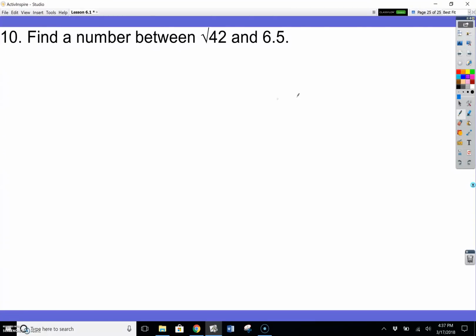Now it says find a number between the square root of 42 and 6.5. This one's a tad tricky because if we squared both of these, the square root of 42 squared would be 42. And if I look at 6.5 and square that, that would be 42.25.